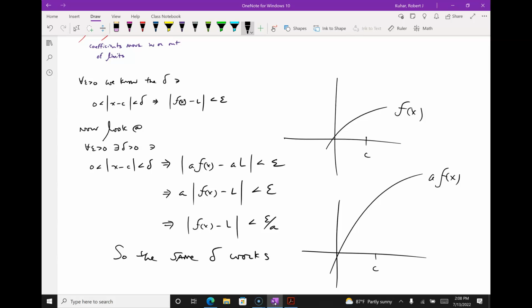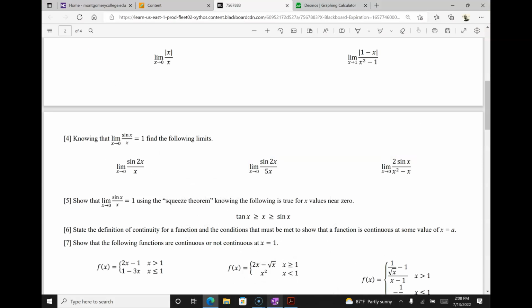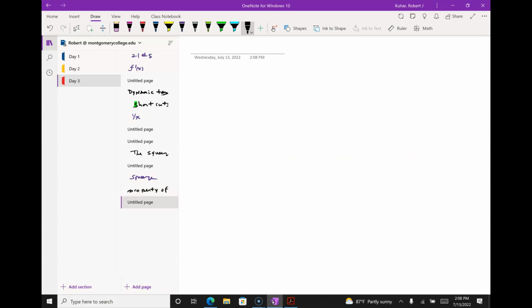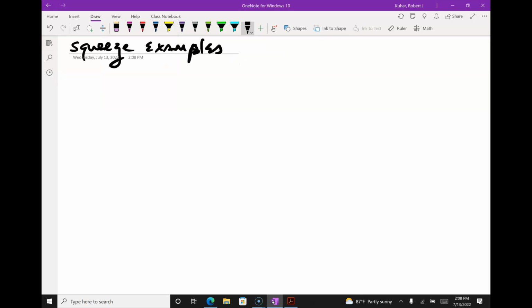Okay, back to the squeeze. Let's find the limit as x goes to 0 of sine of 2x over x.